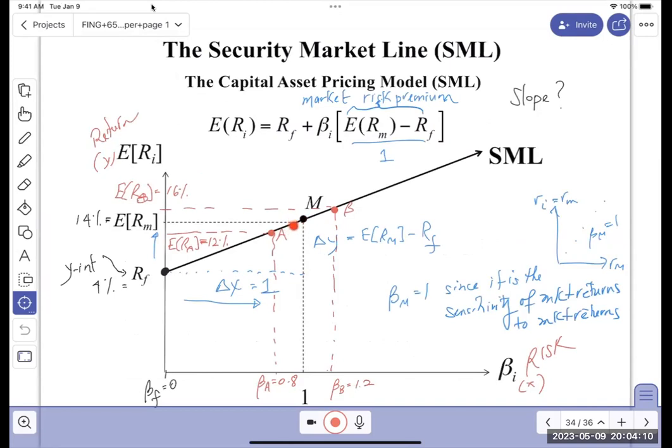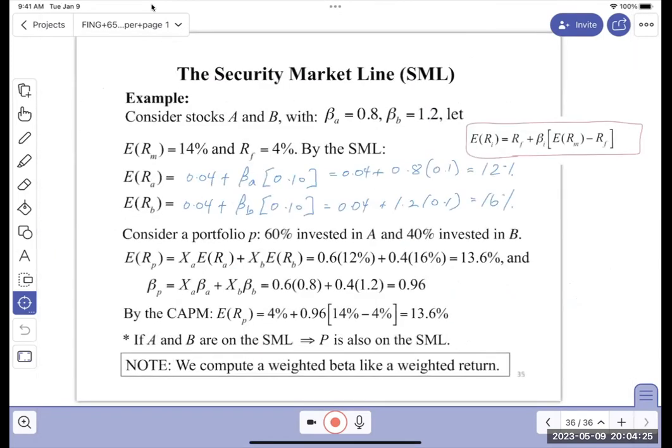Then once you find the expected return, you should be able to find the beta of that portfolio of A and B. You should be able to find it using the capital asset pricing model, or, and this is the first time I tell you this, you can calculate it as a weighted beta. Just like the expected return is a weighted average, the beta of a portfolio is a weighted average as well. And so I get 0.96, which I expected to be less than 1 because it was more of A than B in the portfolio.